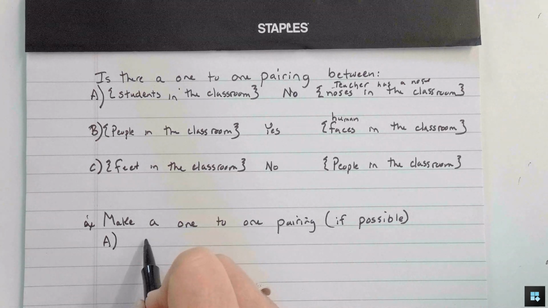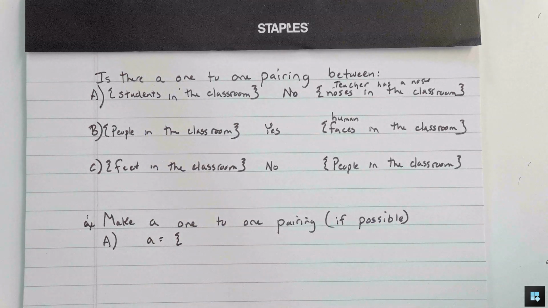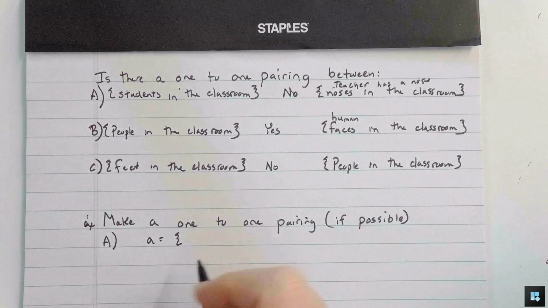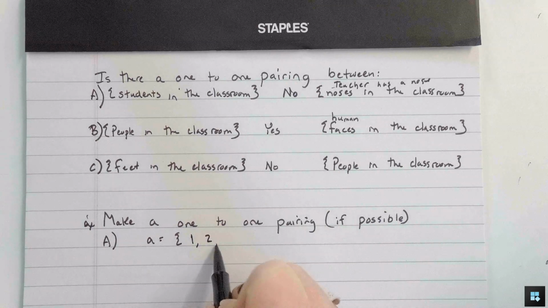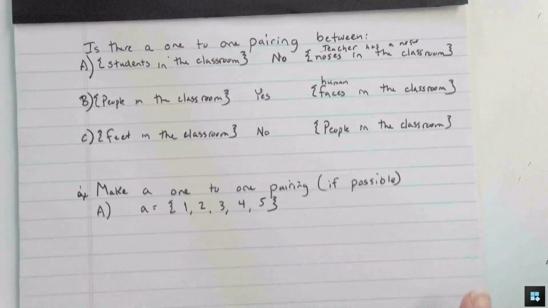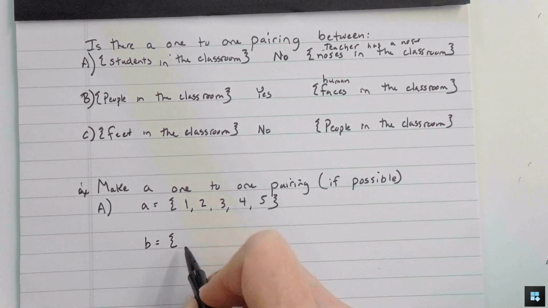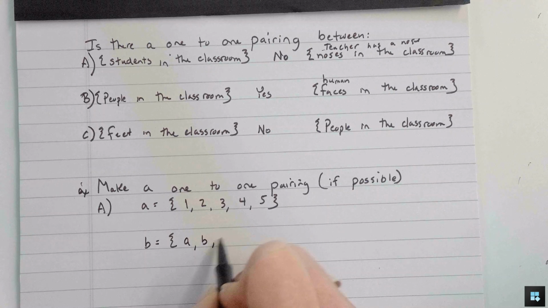So we'll make a set called A. Sets are often named because then you can talk about them. So we'll make a set called A, and it will have the numbers 1, 2, 3, 4, 5. Then we'll make the set called B, and it will have the letters A, B, C, D, E.